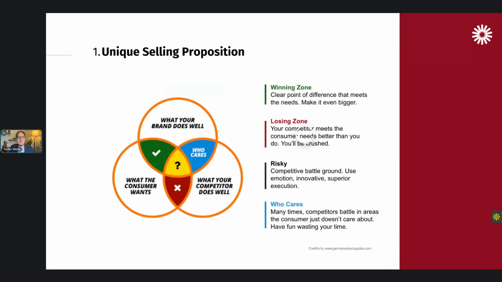Some of this you can do on your own, and I think product marketing teams do a great job of this. There's a great book called The Mind of the Strategist. I forget the author's name, he's a Japanese business leader.